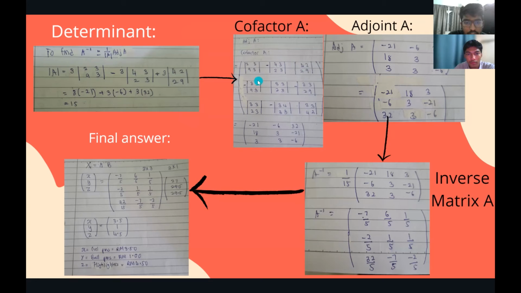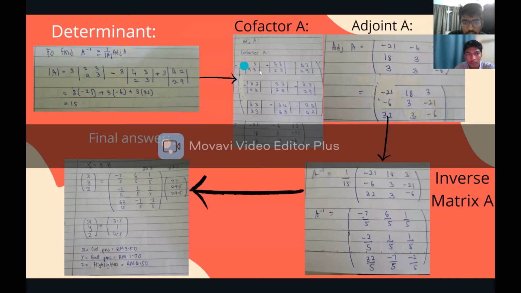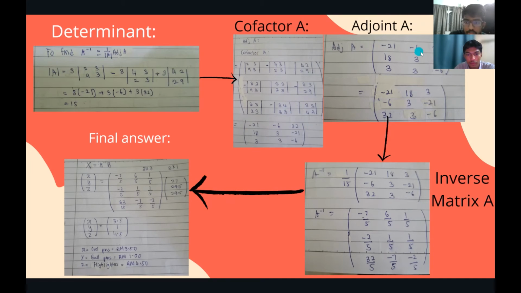Later on, you have to find the cofactor A. It's the same process, but without multiplying with the 3, and you have the negative in this place, and here, and here, and then you get the cofactor A. To get the adjoint A, you transpose the cofactor A, where you change the rows into columns and the columns to rows.